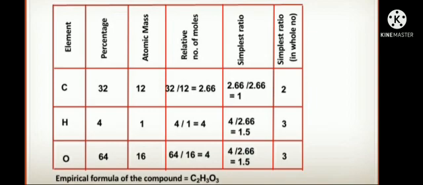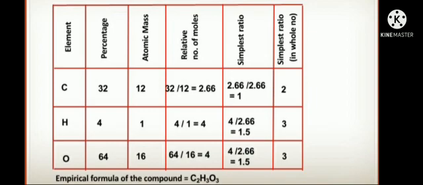Hence, the 1.5 is not a whole number. Again, if you multiply the simplest ratio value by 2, you will get 2, 3 and 3. Now, it is the whole number, which means 1 into 2, 2, 1.5 into 2, 3, 1.5 into 2, 3.